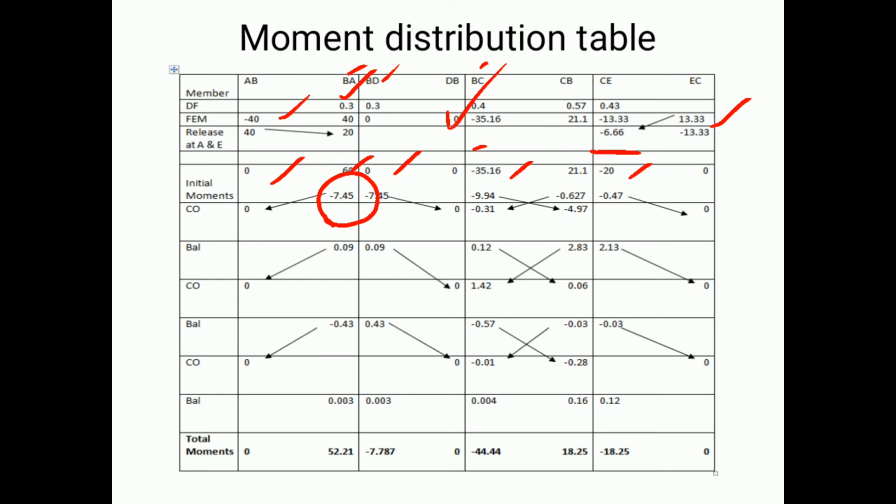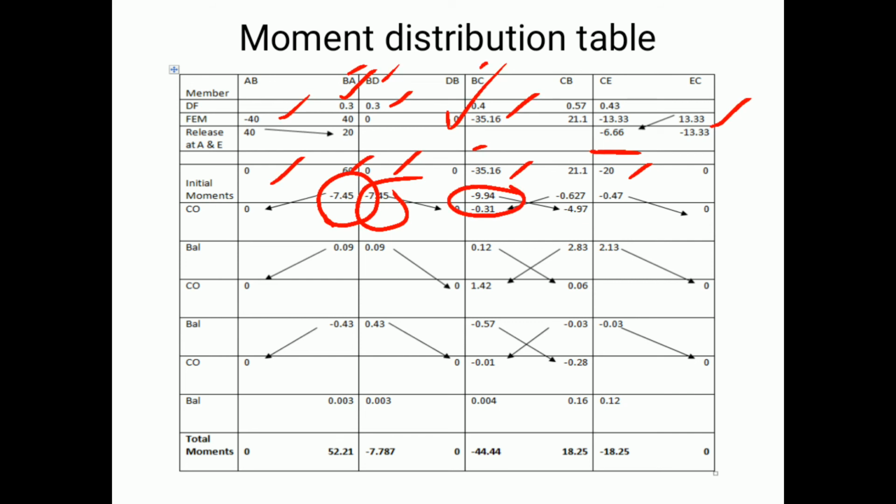Similarly, the total moment multiplied by 0.3 again, I will get once again minus 7.45. Again, the total moment multiplied by 0.4, I will get minus 9.94.